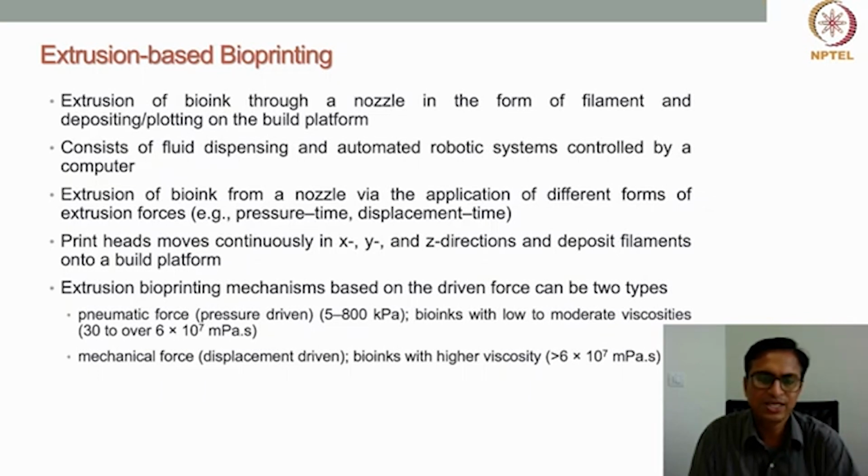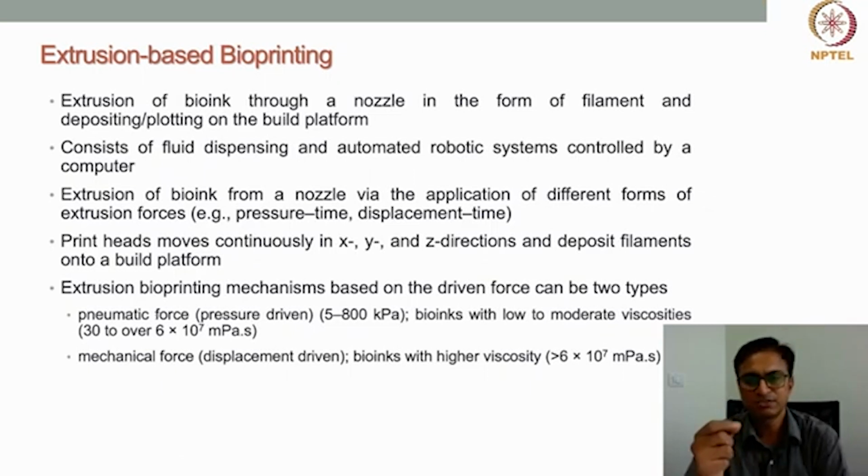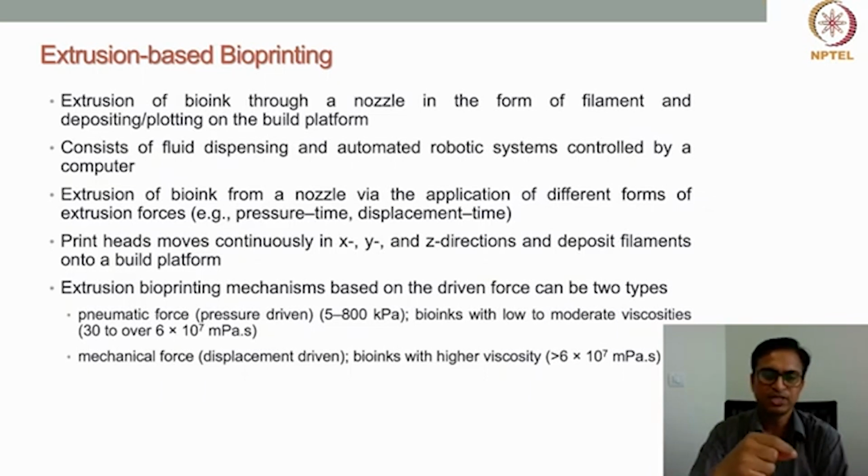The dimension of the nozzle starts from 100 to several hundred micron. When you push the material through the nozzle, it comes out as a filament. We put that filament on the build platform, and by putting it as per our design, we can fabricate different types of structures.